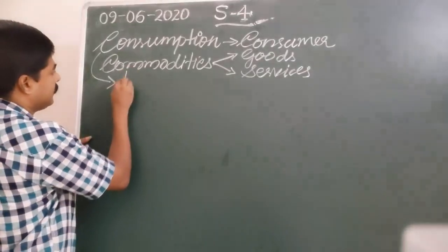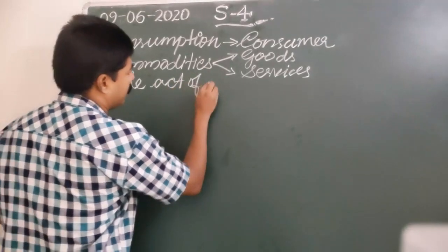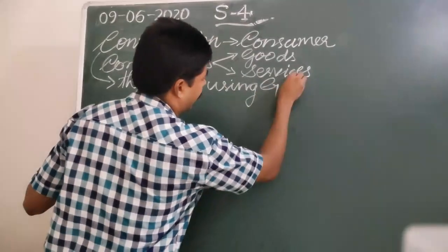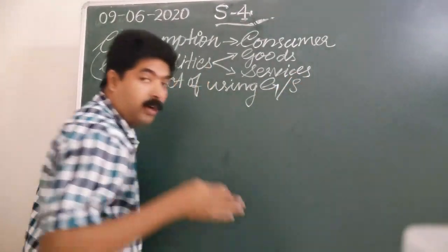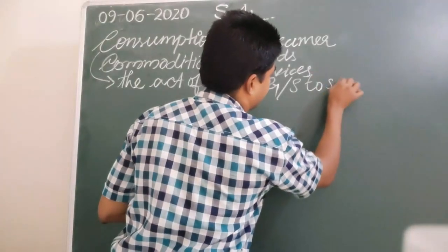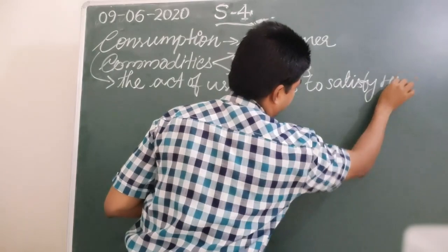You can write: the act of using goods and services. For what purpose? To satisfy human wants.